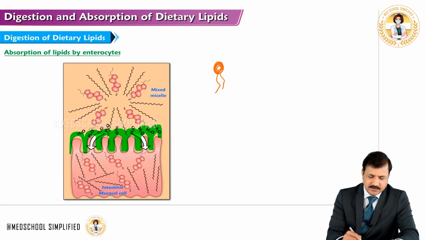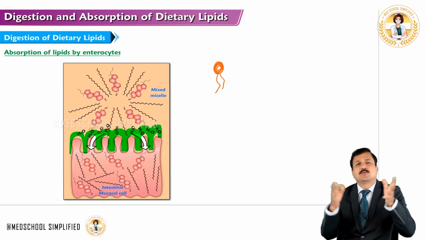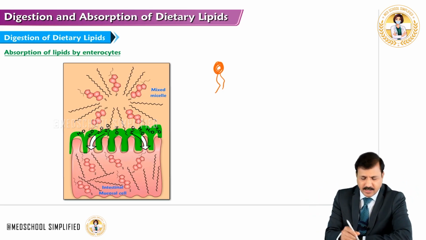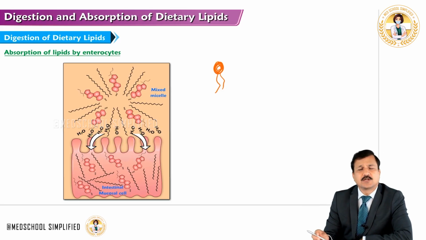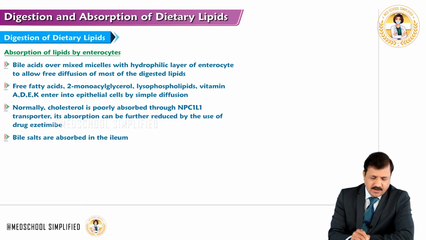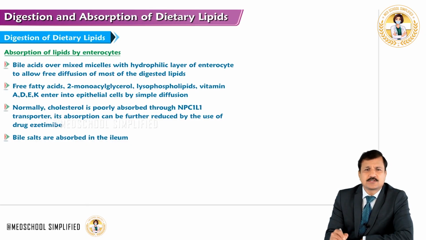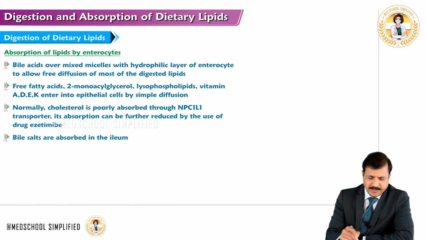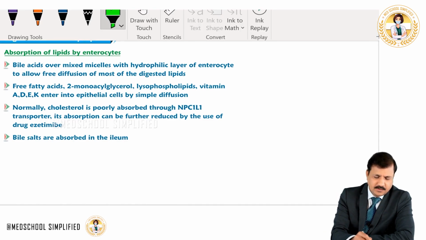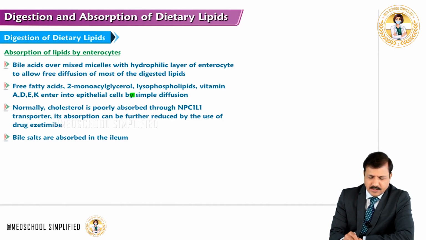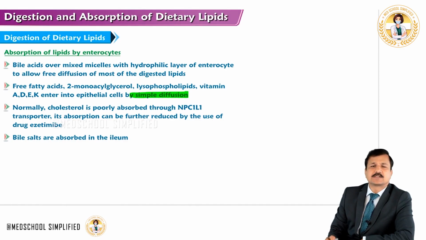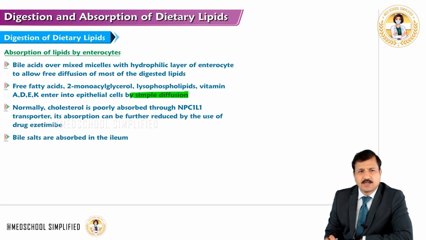So the polar head is going to interact with water and remove that water layer, thereby allowing the free diffusion of most of the dietary lipids. And that's how the dietary lipids undergo free diffusion. So that means free fatty acids, 2-monoacylglycerol, lysophospholipids, vitamins A, D, K, all of them undergo simple diffusion inside the enterocyte.